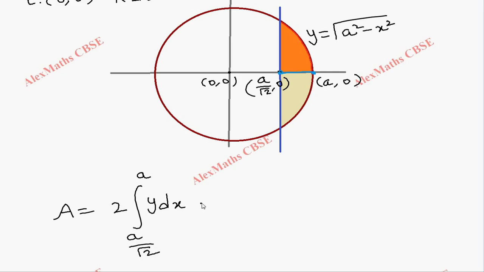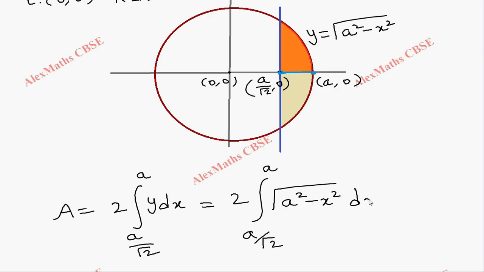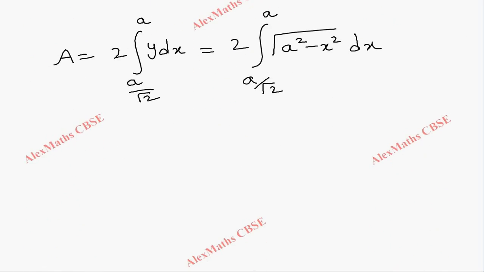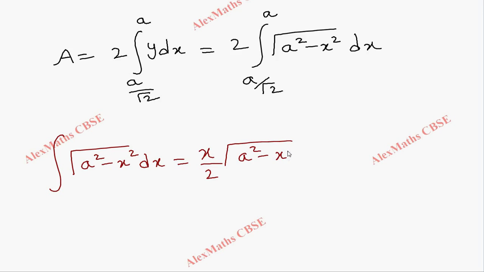Now we are going to substitute y. So 2 times the integral from a/√2 till a of √(a² − x²) dx. Now we are going to use the integration formula, which is the integral of √(a² − x²) dx equal to (x/2)√(a² − x²) + (a²/2) sin⁻¹(x/a) + c.